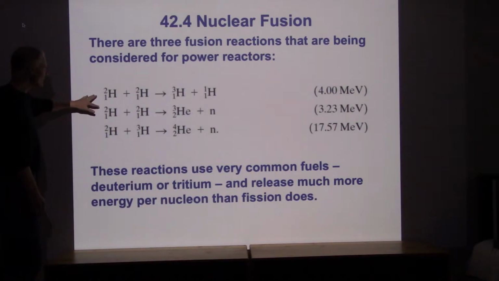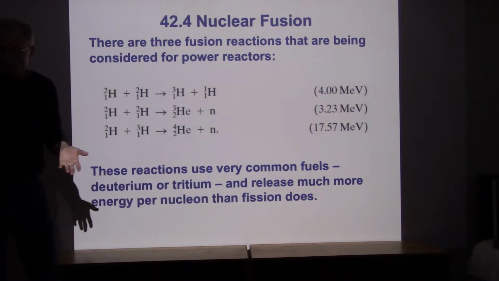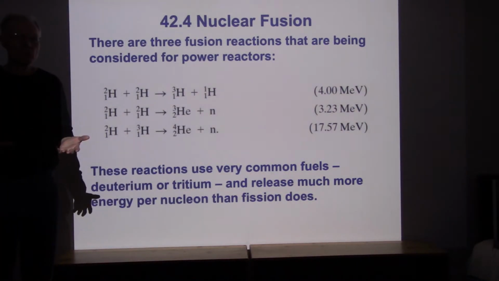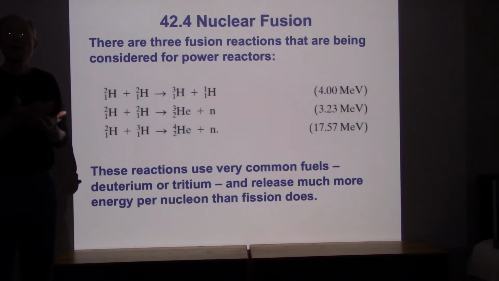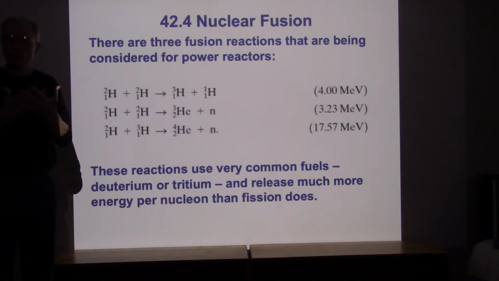Now, the problem is that nuclear fusion requires some extreme conditions. In order for nuclear fusion to occur, we've got to get past that electric potential energy barrier, that repulsion between positive charges of one nucleus and positive charges on the other nucleus. We've got to be able to overcome that.